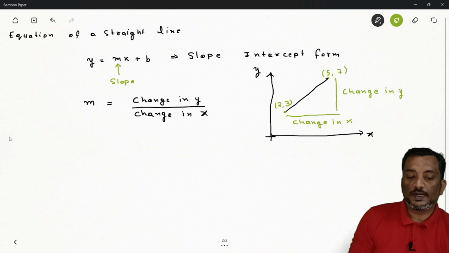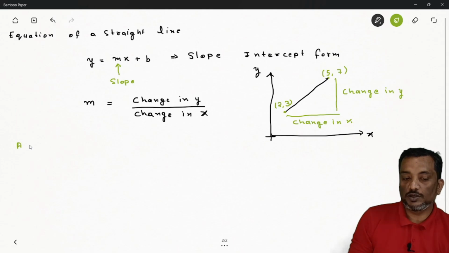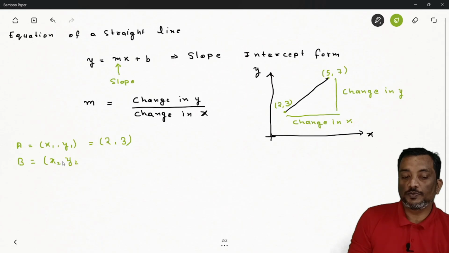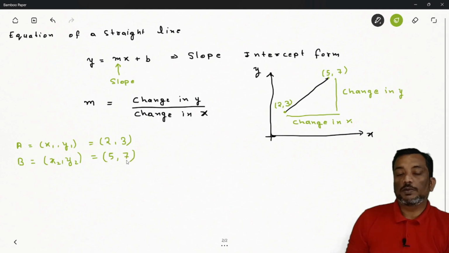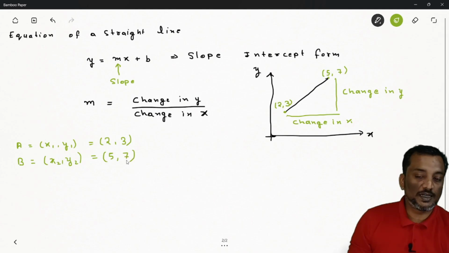Your first point A is x1, y1, which is given as 2, 3. And B is x2, y2, so B coordinates are given as 5, 7. Now both points' coordinates are given.